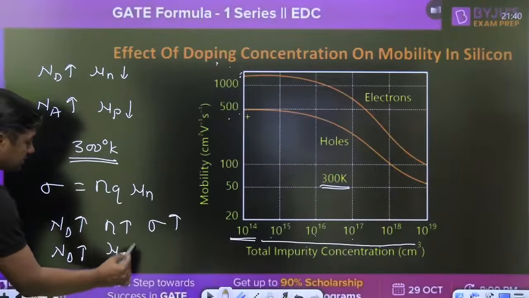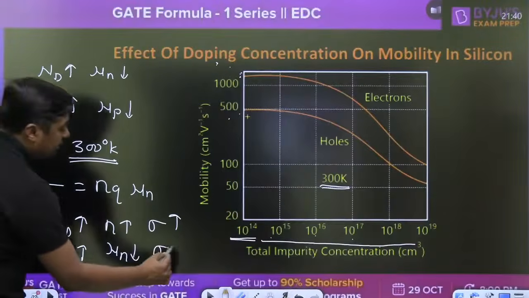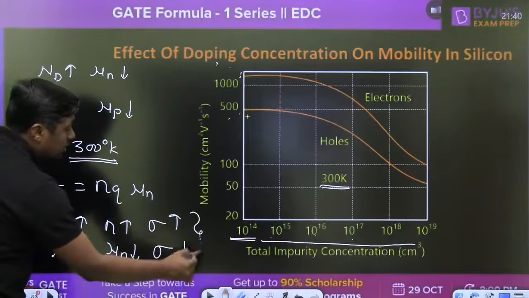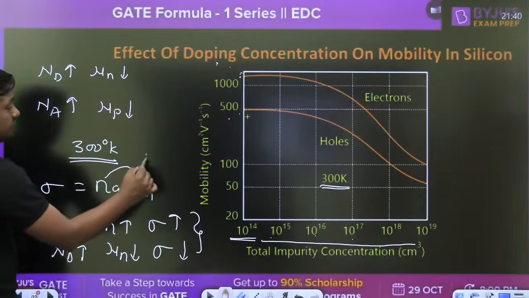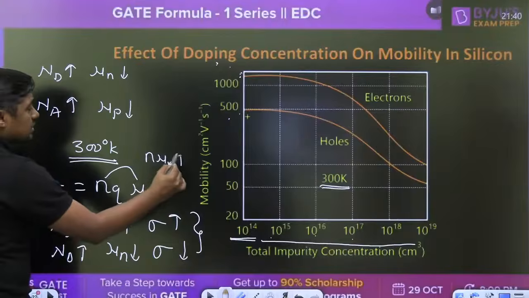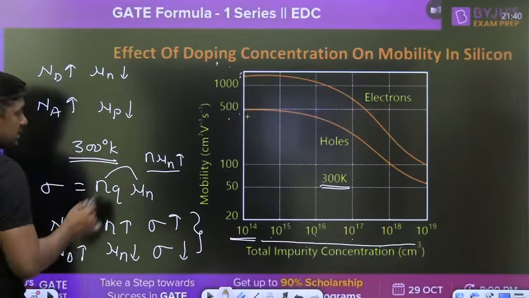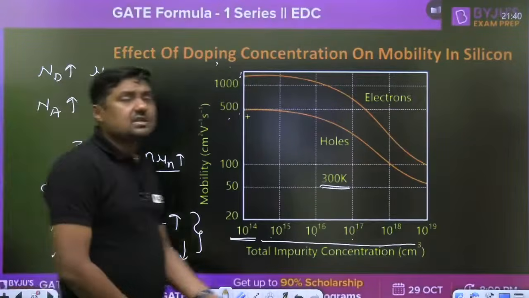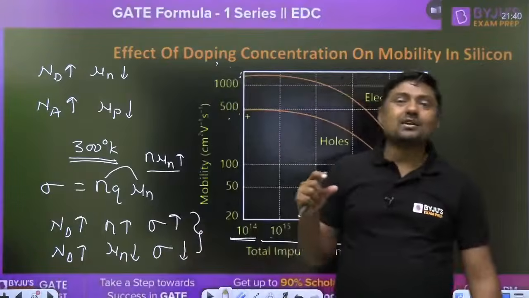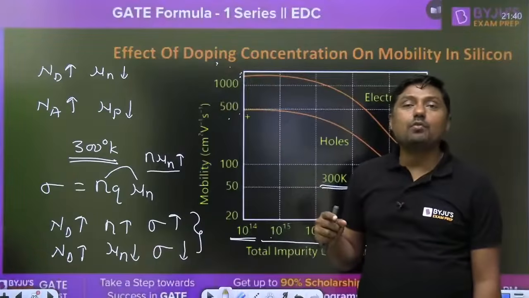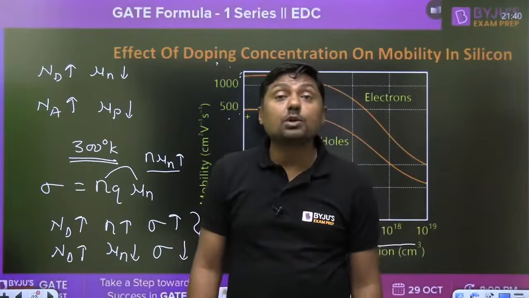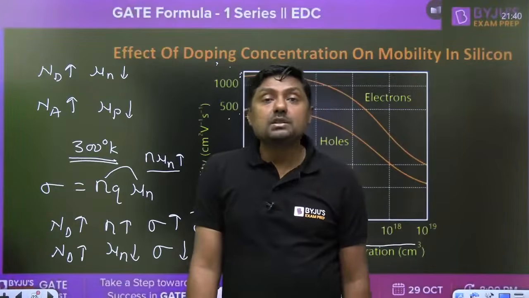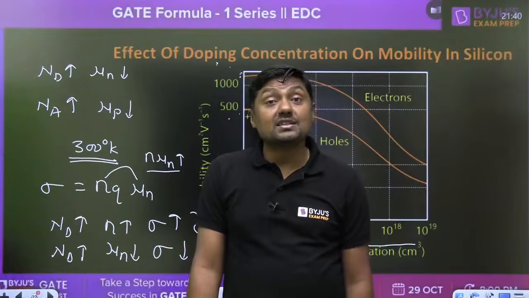Mobility will decrease, and then conductivity will decrease. So ultimately we have to check the product. If the product increases, conductivity increases. If the product decreases, conductivity decreases. That is the difference between thermistor and sensistor.